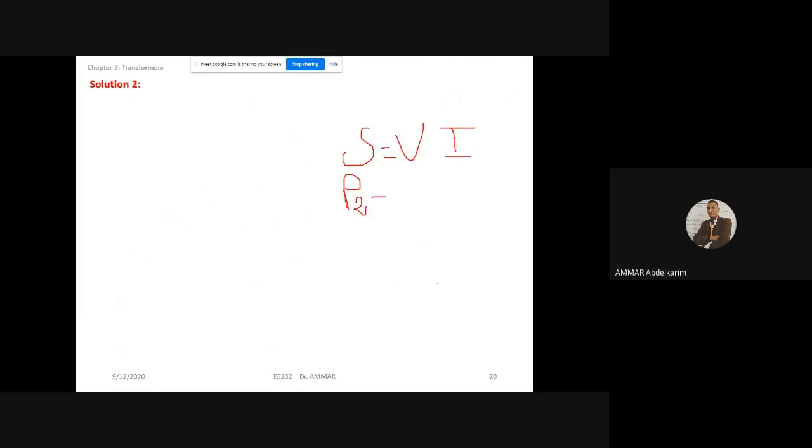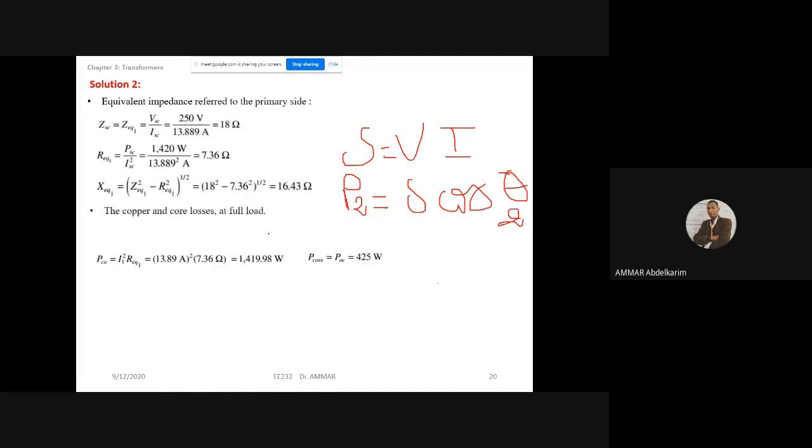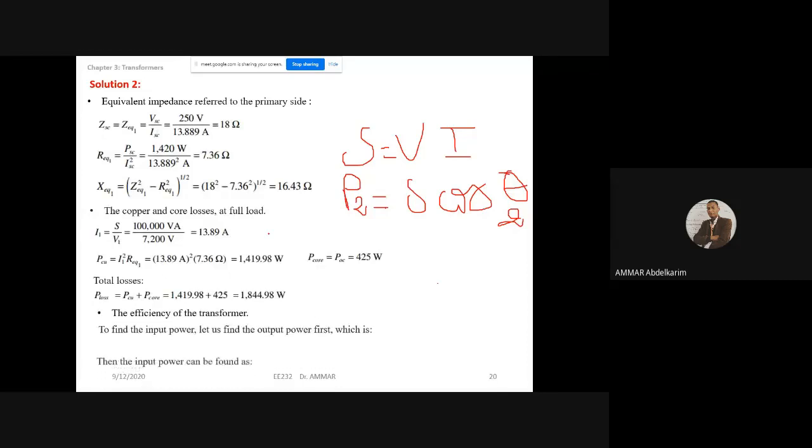So P out, which is P2, equals S times cosine theta of the secondary. Cosine theta is given as 0.9. So P out equals 100,000 volt amperes times 0.9, which equals 90,000 watts. This is the active power.